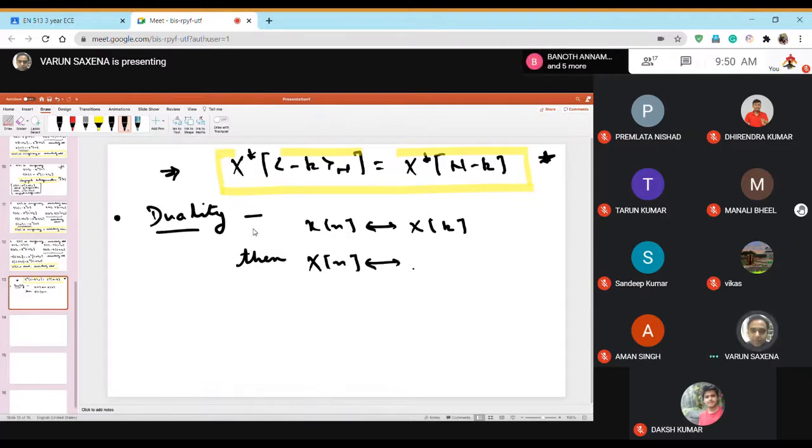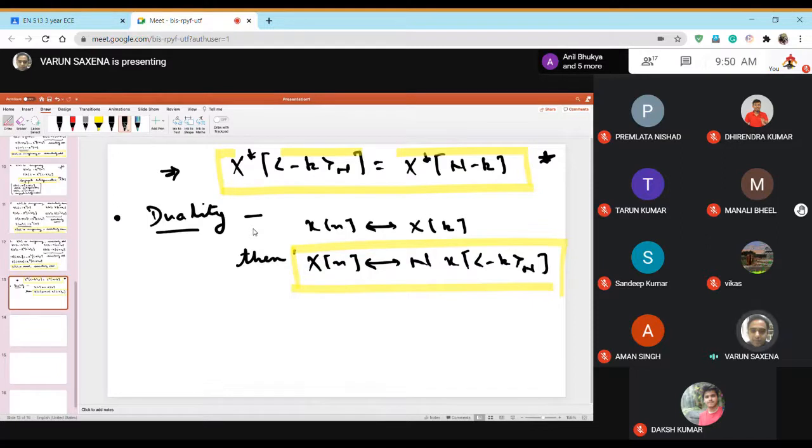It would mean n times x minus k modulo n. So I'm not deriving it. You'll find the derivations in any standard textbook, but I'm just writing the properties and you need to remember them. These are important properties. So this is the duality property, basically.